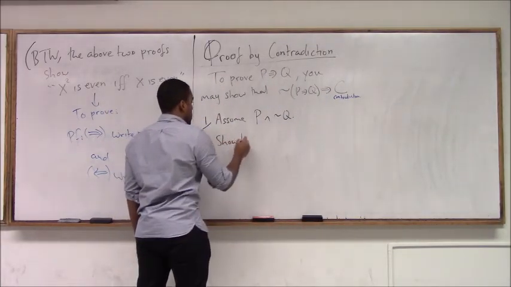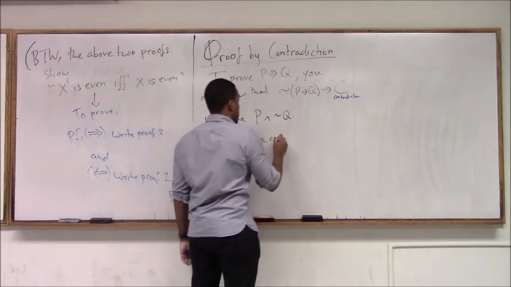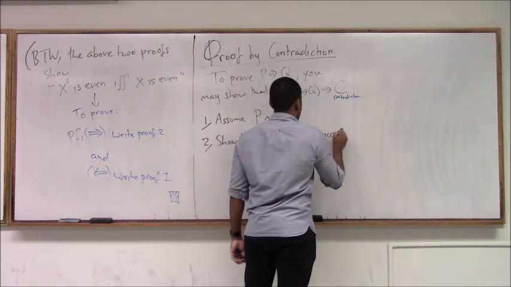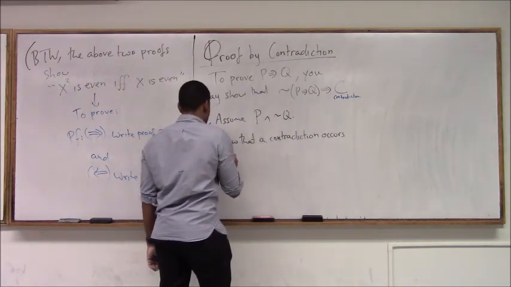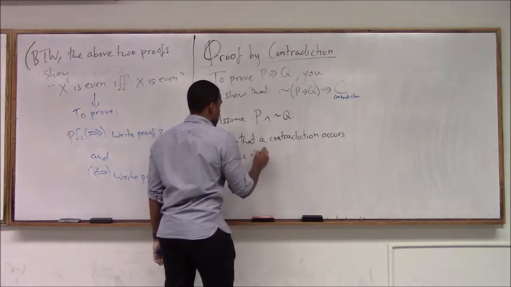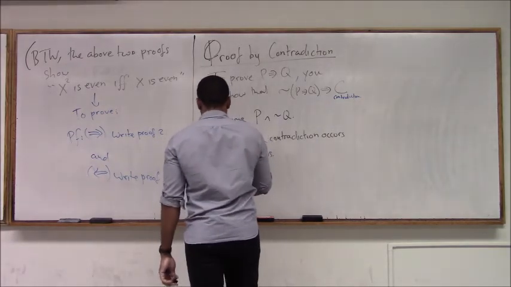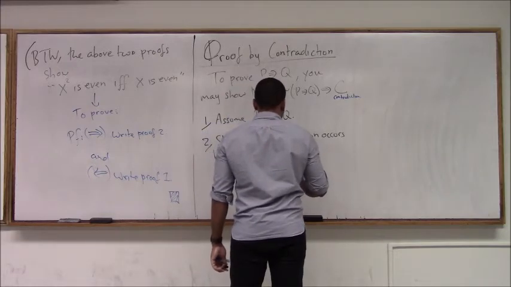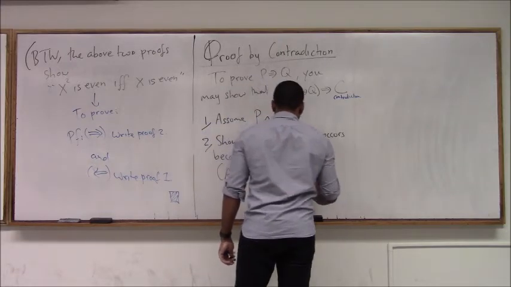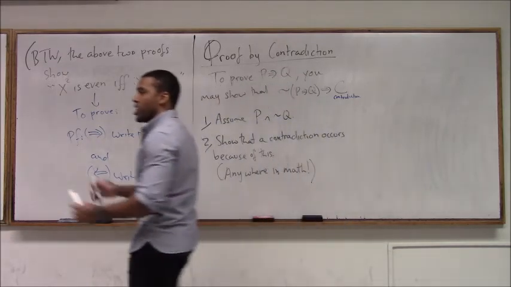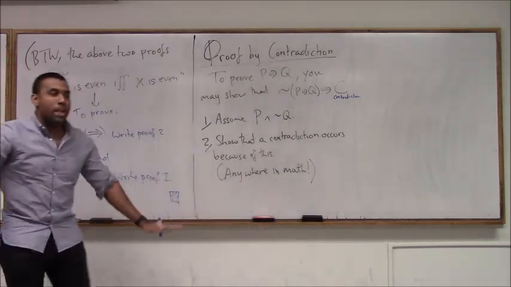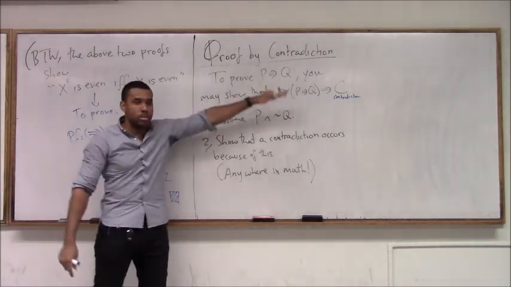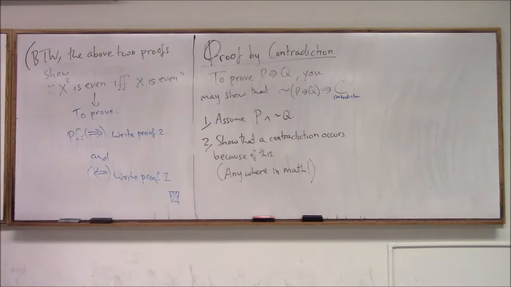Step 2, show that a contradiction occurs because of this. And you have free reign here. You can literally prove that a contradiction happens somewhere in math because of you making this assumption. It doesn't specifically even have to do with the statements involved here, although it often will, but it doesn't have to.